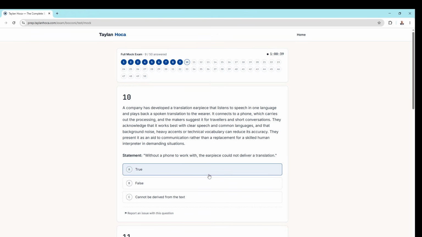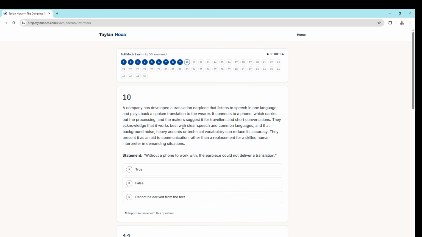And next one, true, false, cannot say. Without a phone to work with, the earpiece could not deliver a translation. All right. So a translation earpiece that listens and plays. It connects to a phone which carries out the processing, and makers suggest it for travel.